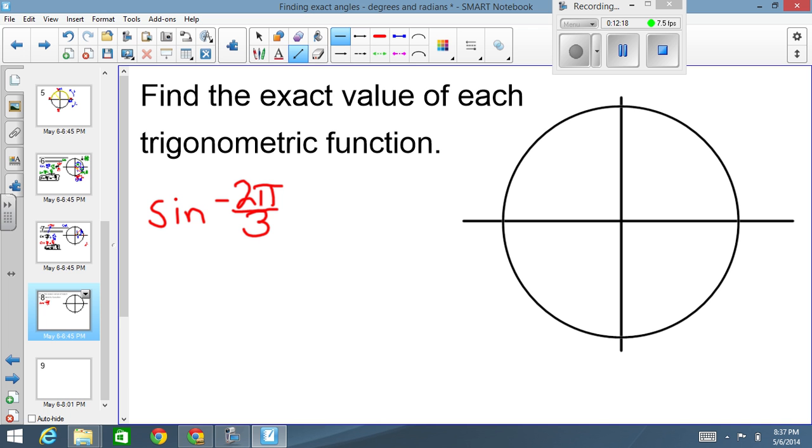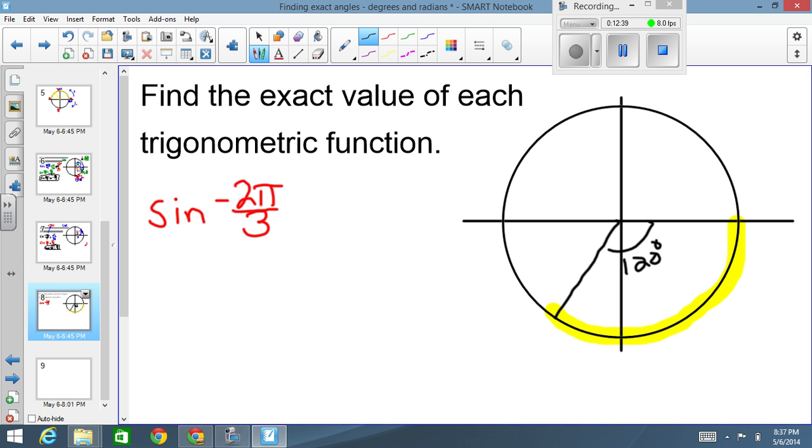So really what I need to do is I need to start here. This would be a third. This would be 2/3. 60 degrees plus 60 degrees. So I'm going to draw this angle here, knowing that this here is 120 degrees.